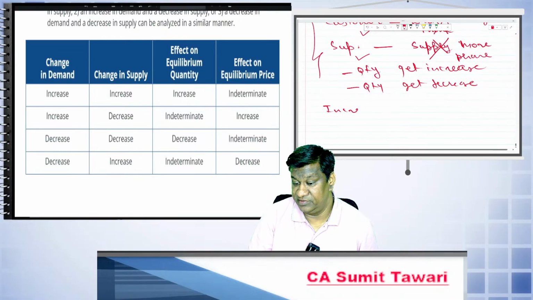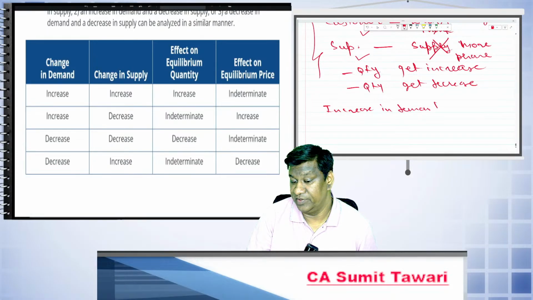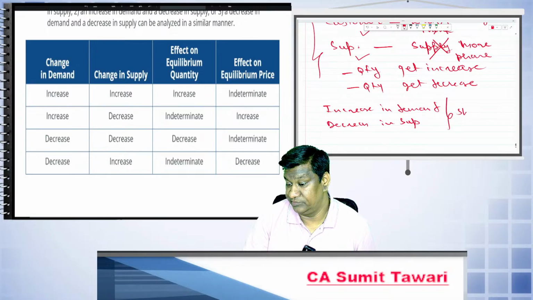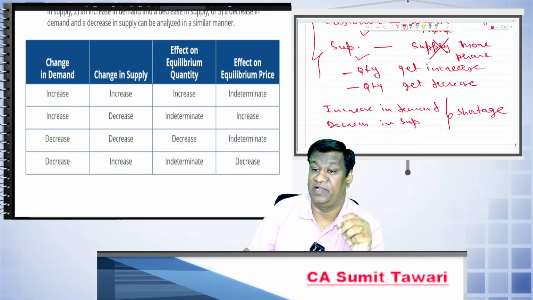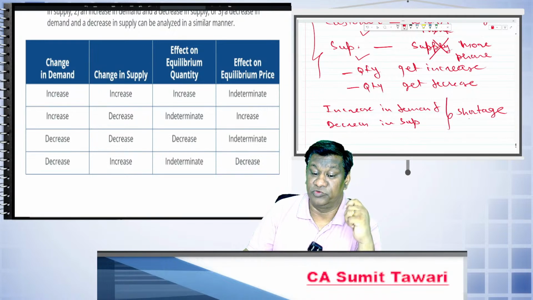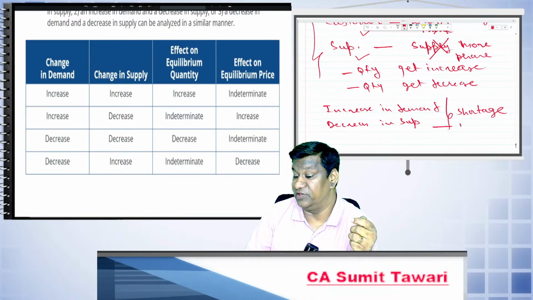Increase in demand, okay, and decrease in supply, okay, that means shortage. If there is a shortage, then the supplier has the power to dictate the prices. That's why the equilibrium prices get increased.